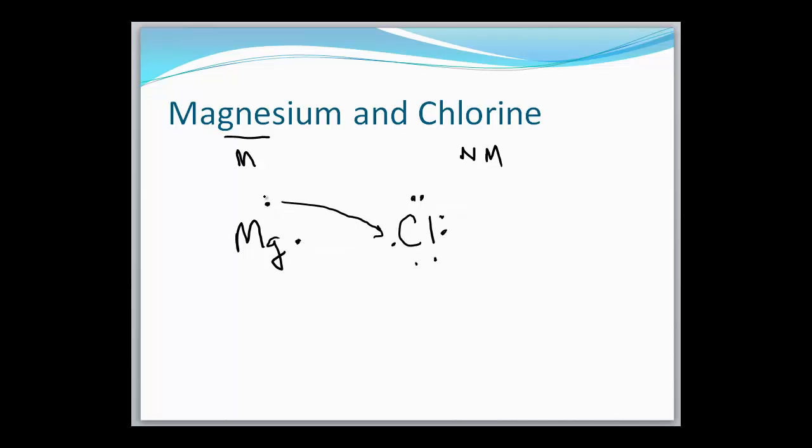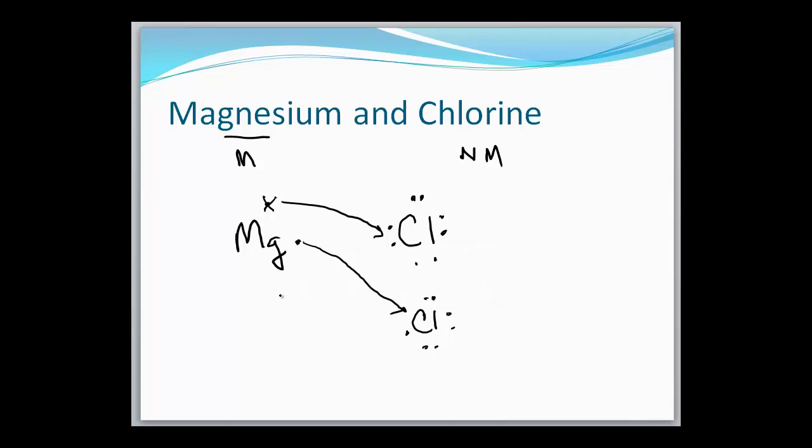So when this transfer takes place, that electron is going to be there, and as you can see, chlorine has a full outer shell. Well, we still have 1 valence electron with magnesium. So if we have another chlorine atom, 1, 2, 3, 4, 5, 6, 7 valence electrons, that electron can be transferred from magnesium to this chlorine ion.